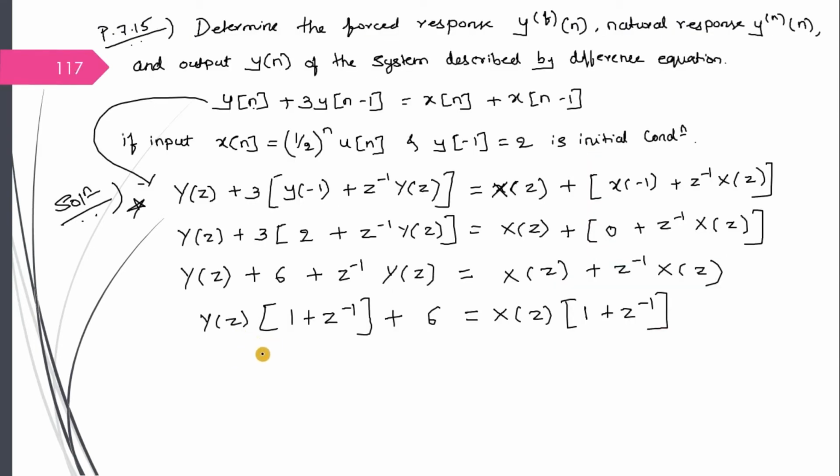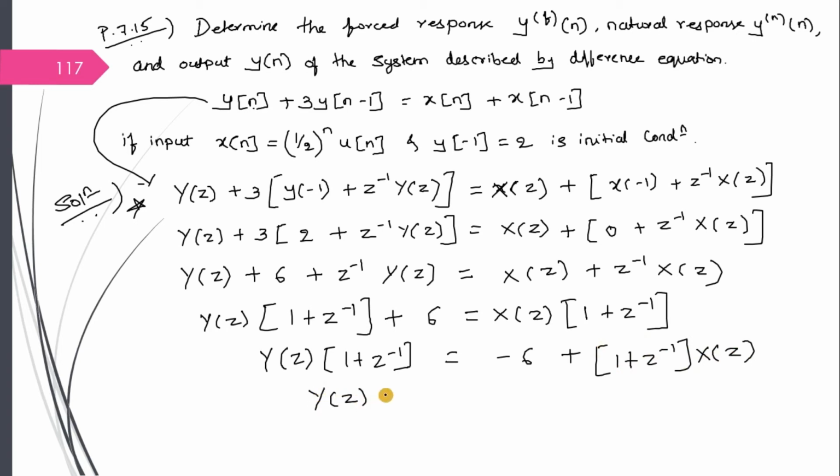So I want to take Y of z separate, means I take Y of z 1 plus z inverse on the left hand side. This I take to the other side: minus 6 plus X of z. I write it in this fashion, 1 plus z inverse X of z, just to have clarity.